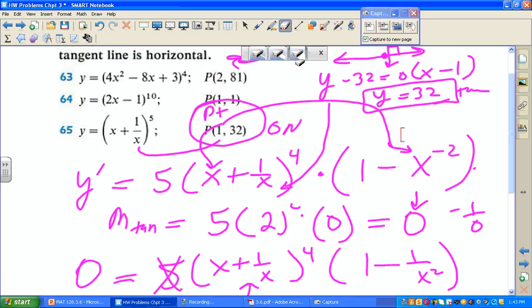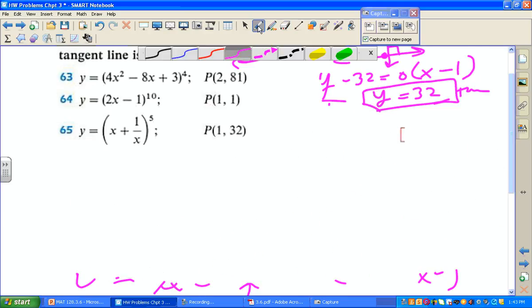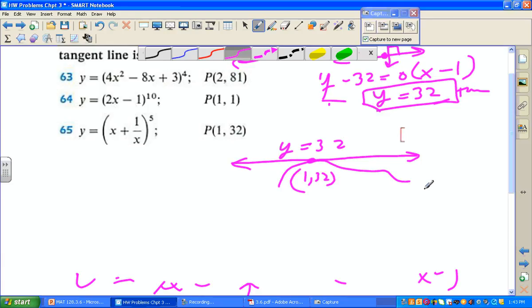Yeah. Why is that? Because if I were to graph this out, let's say it looks something like this. y equals 32 is through the point 1, 32, and it's tangent.